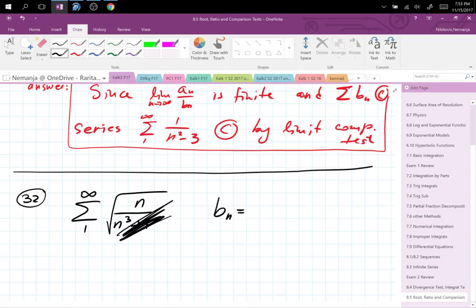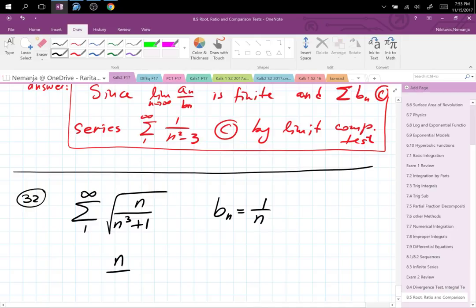And then what else do you have? Yeah, n to the negative 1, right? 1 over n. How did I get that? Observe. Easy.